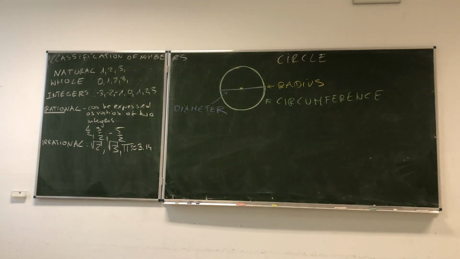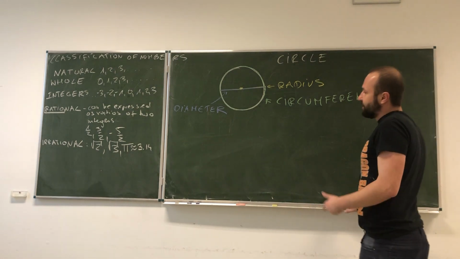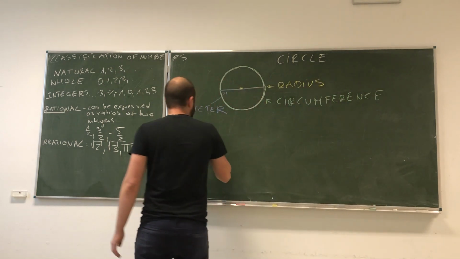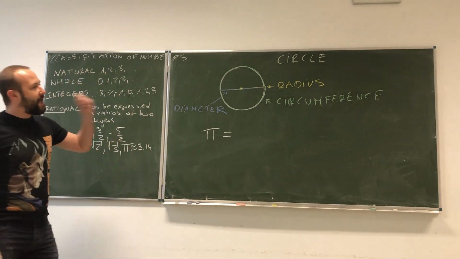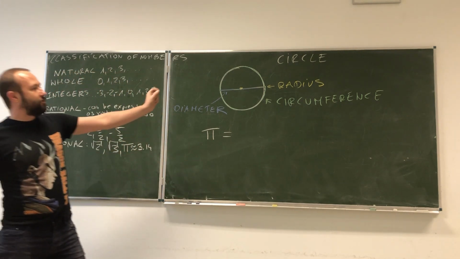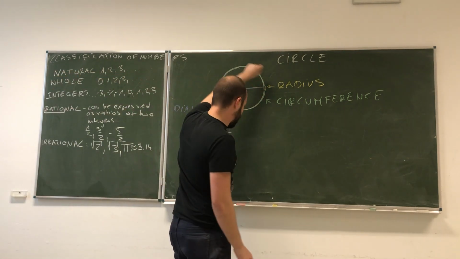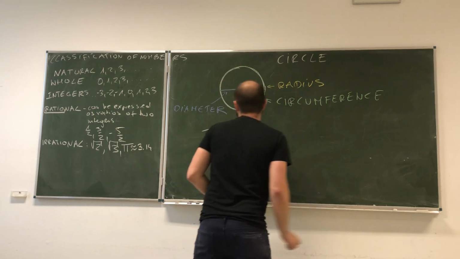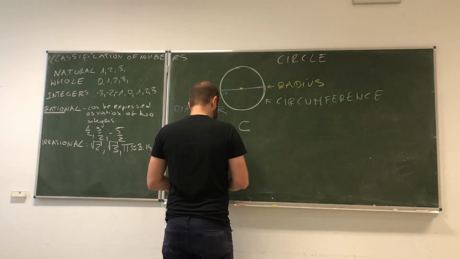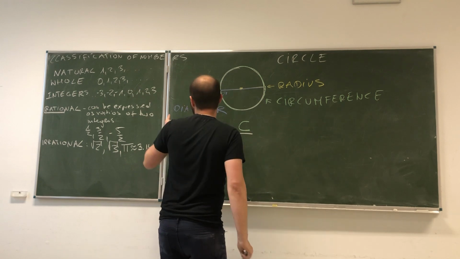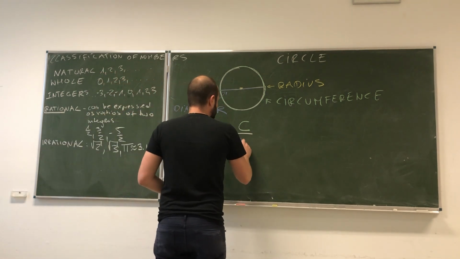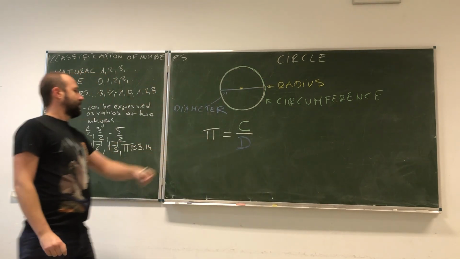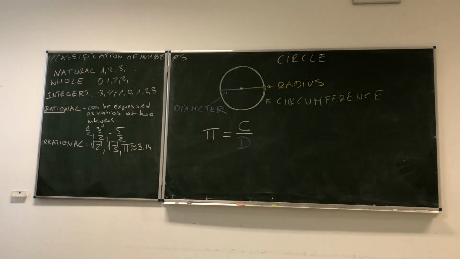Now, how do we obtain pi? Well, the Greeks found out that if you take any circle and you measure its circumference, then you divide it by the diameter of the circle, this is how much you will get, pi.